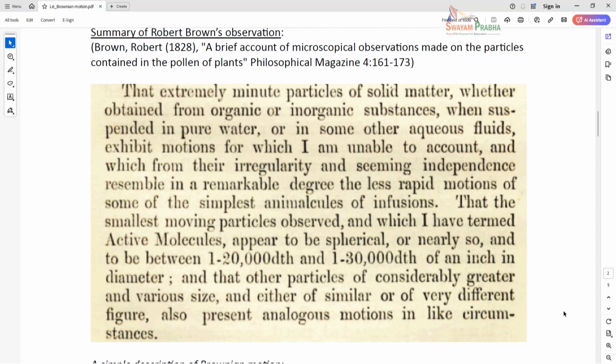It says this: extremely minute particles of solid matter, whether obtained from organic or inorganic substances, when suspended in pure water or in some other aqueous liquids, exhibit motions for which I am unable to account, and which from their irregularity and seeming independence resemble in a remarkable degree the less rapid motions of some of the simplest animalcules of infusion. Can anyone guess what animalcules of infusion means?